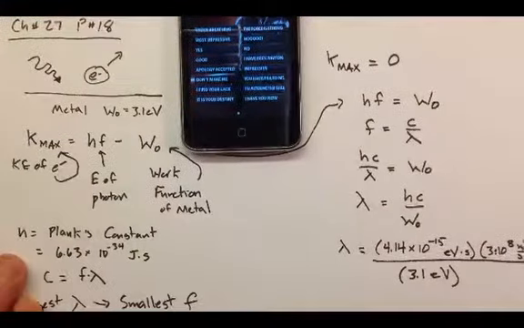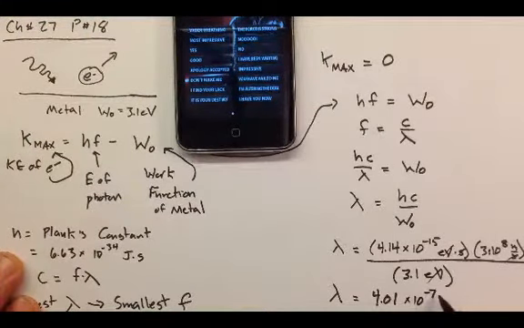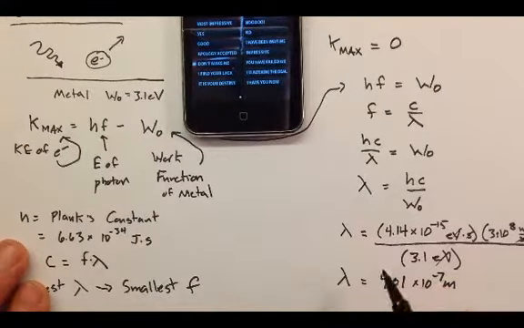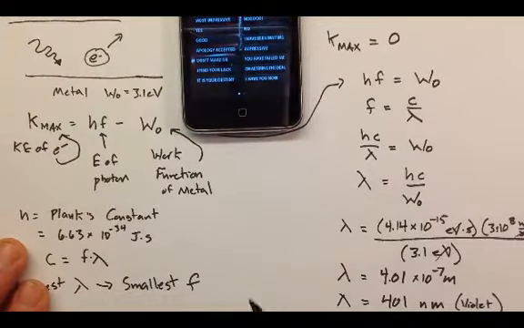Notice here that electron volts cancel, seconds cancel, and I get a wavelength in meters. And sometimes when dealing with quantum phenomena, we'll just write that wavelength in nanometers. So this is 701 nanometers, which puts it in the violet range of the spectrum.